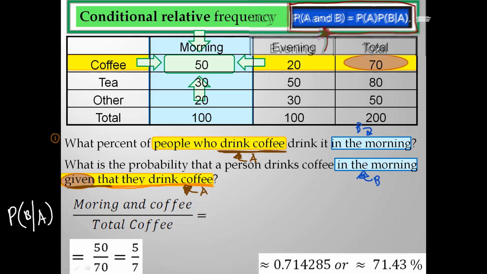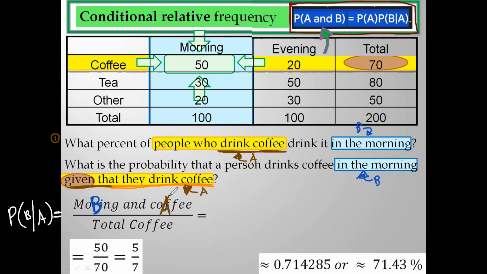If we look at the very top where we have our conditional probability formula, what we end up doing was solving for the conditional probability of B given A. So when we're saying morning and coffee, this is actually both our events A and B. Morning is actually event B here, followed by coffee, which is our event A. And we're dividing by our total, which is all of the possibility of A. This is how we end up with 50 as our overlap, dividing it by 70, the total.